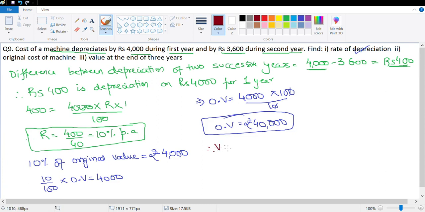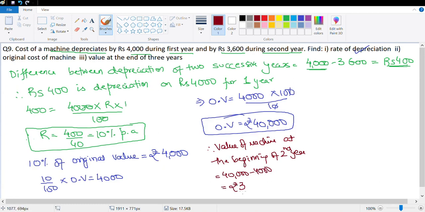So if the original value was 40,000, in year one it depreciated by 10%, which is basically 4,000, and that's how the value of the machine then was 40,000 minus 4,000. Therefore, value of machine at the beginning of second year is equal to 40,000 minus 4,000, which is the depreciation in year one, which is equal to rupees 3,000. Sorry, not 3,000, 36,000. For 40,000 minus 4,000, that's 36,000.